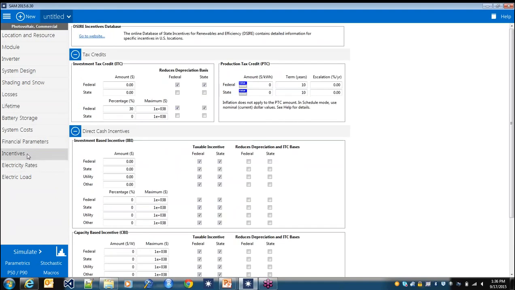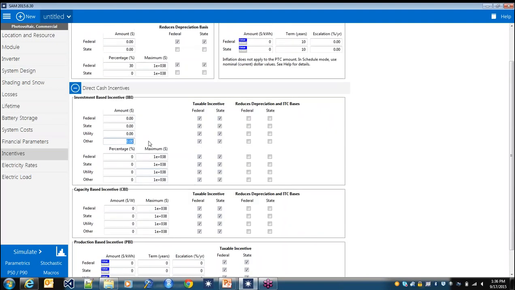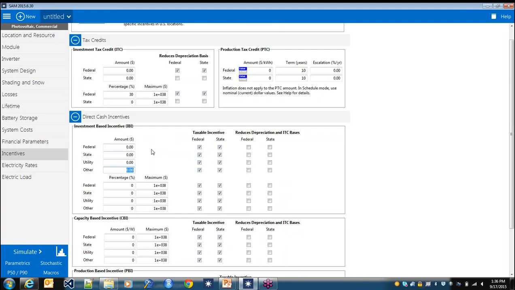Finally, you could look at incentives here. In California, there are actually some rather large incentives for advanced energy storage. To my knowledge, they're still available. I won't enter them right now, but I believe it's about $1.62 per watt.